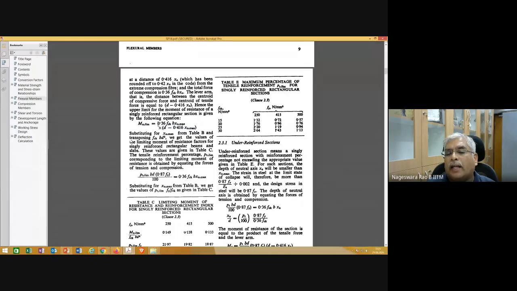It is very easy to understand: 0.36 fck b times xu, where xu is replaced with xu max because we are trying to find it for the balanced section limiting case, times d minus 0.416 xu, with xu max substituted in place of xu. This is the lever arm distance, and this is the resultant compressive force. So you take a note of this equation.